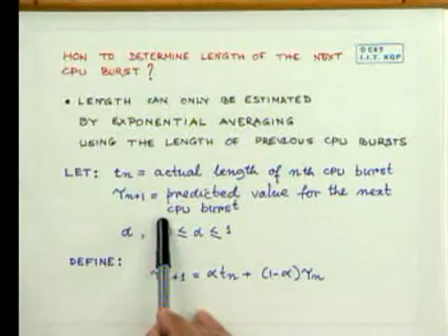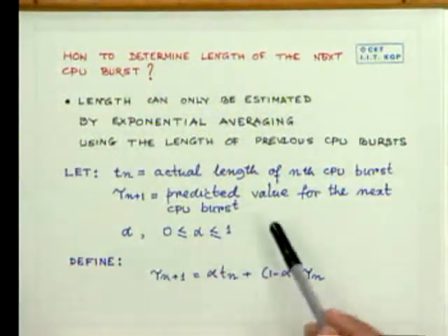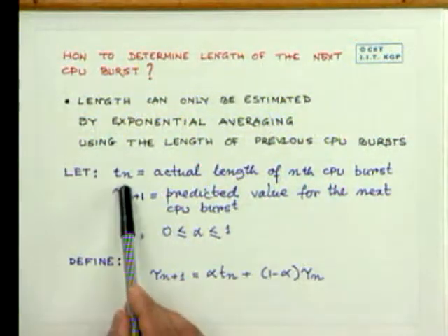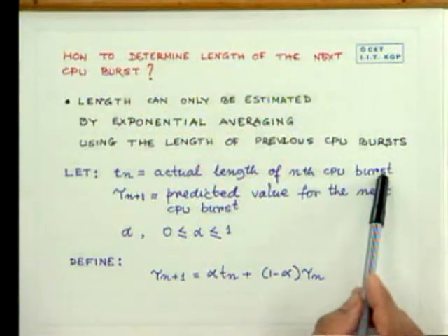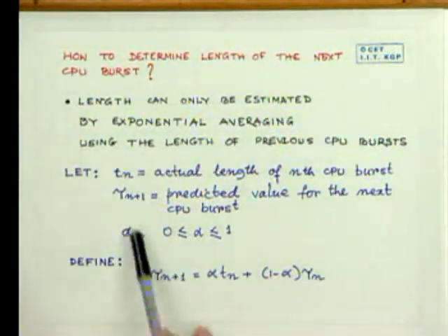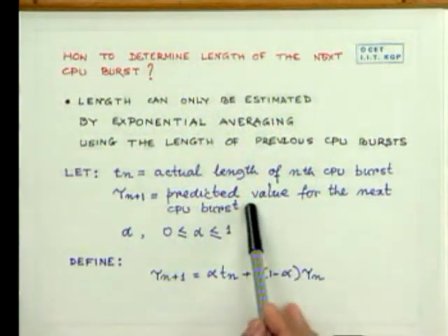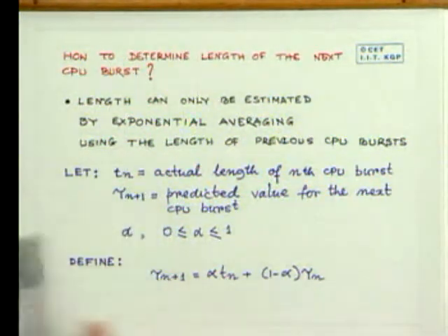To show how this prediction can be done, we are giving one method called exponential averaging. Here we assume that Tn is the actual length of the nth CPU burst, that means the last CPU burst. Tau n plus 1 is the predicted value for the next CPU burst, that is, at the n plus 1th instant.